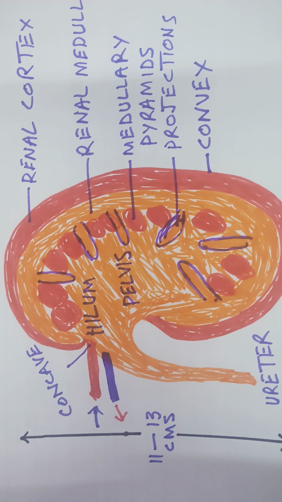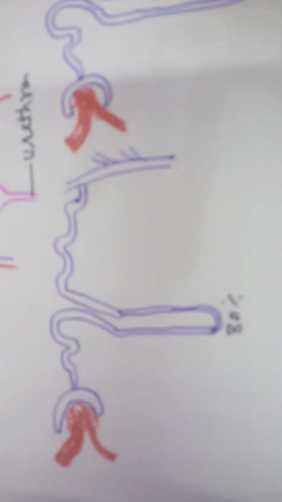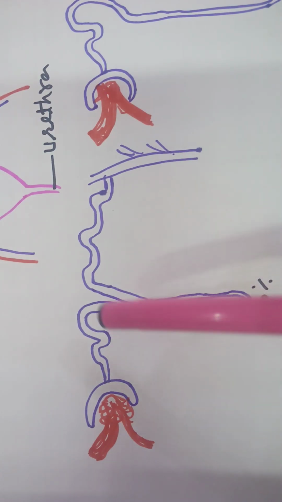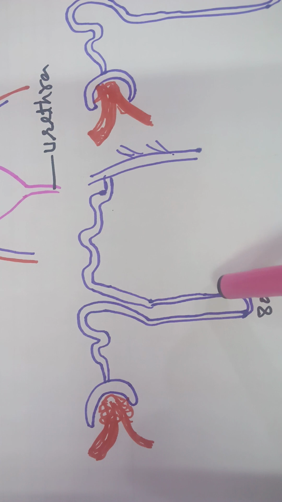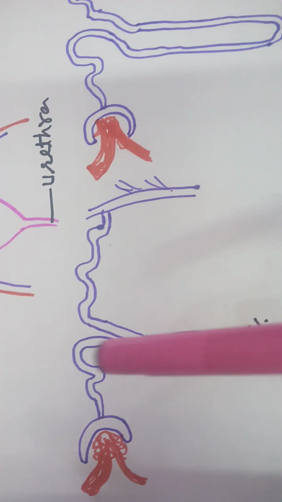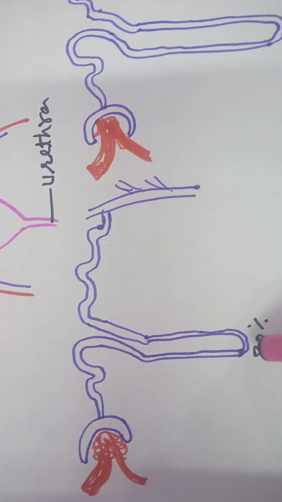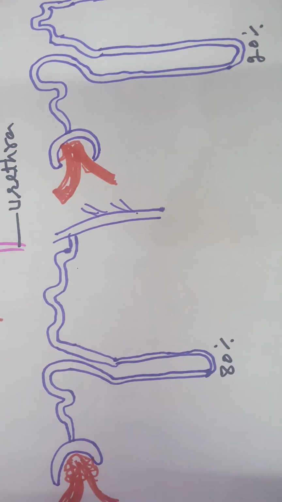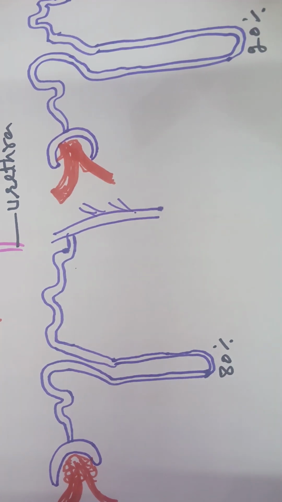There are two types of nephrons: one is the long cortical loop of Henle, and the other is the short loop of Henle. The short loop of Henle has 80% of the nephrons in each kidney, while the long loop of Henle has 20% of the nephrons.